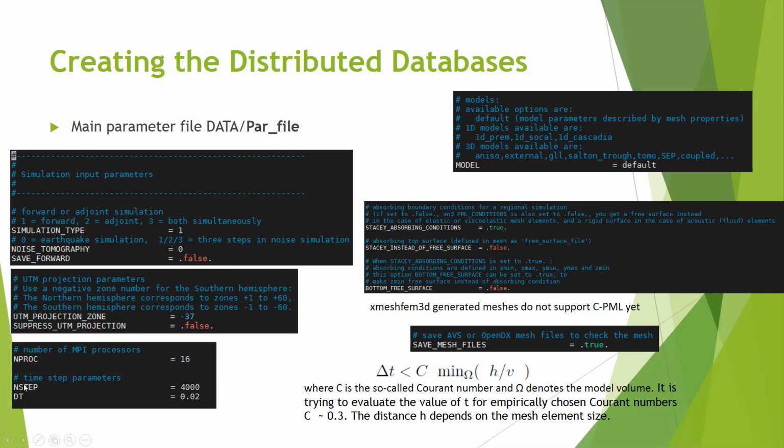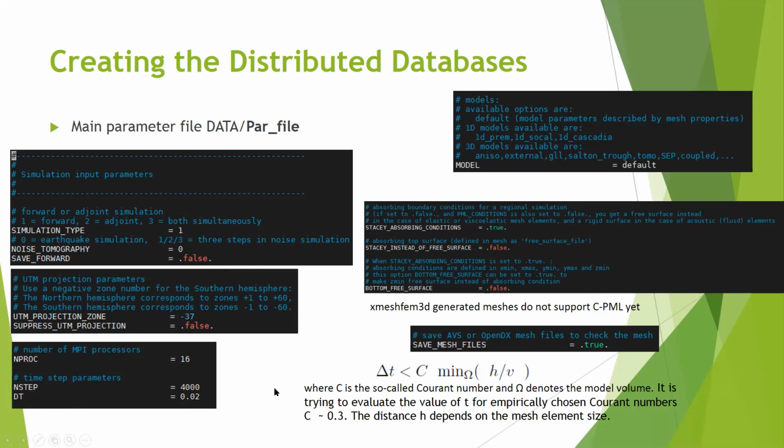And here is the time length of the produced seismograms, and the time interval of the seismograms. You can't give a very large time interval because your simulation will become unstable.